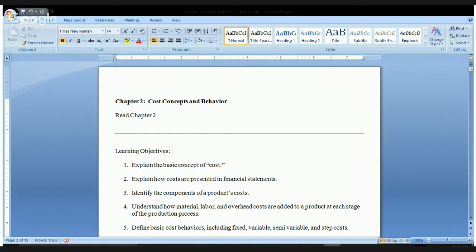Indirect costs are the costs that I can't directly trace to that BMW. So it would be the factory overhead, or the rent on the factory, or the maintenance people, or the supervisors. Anything that we can't trace directly to the vehicle is what we consider an indirect cost.